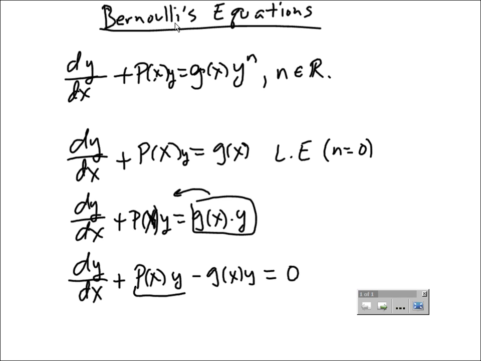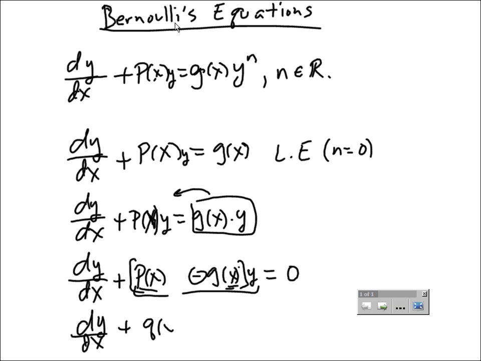But I have a y in both of these, so I can factor out the y. I have p of x minus g of x times y. When you subtract two functions of x, you just get a function of x.